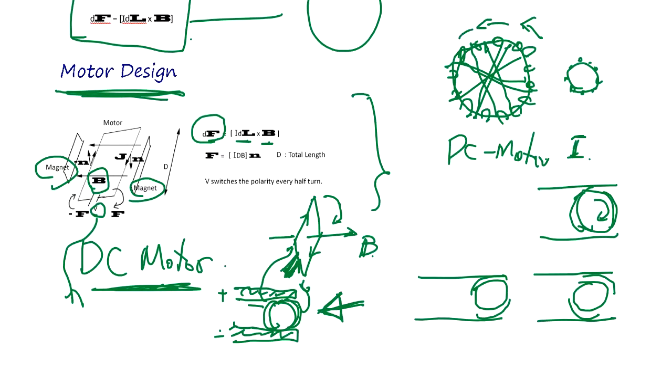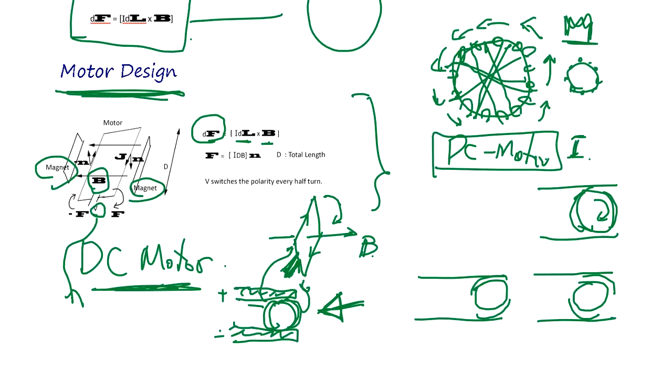This one switches, this one switches, this switches. So it gives a very uniform moment, power, the force. So this is an improved version of DC motors used for the electric car.